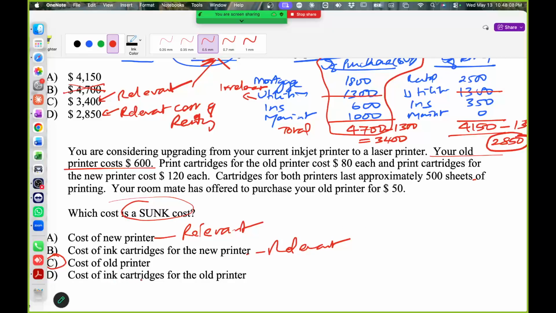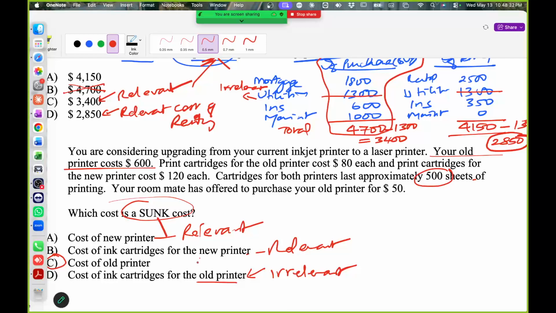Cost of the ink cartridges for the old printer, and both have a capacity to print 500 sheets, this is irrelevant. The question is, what is sunk?